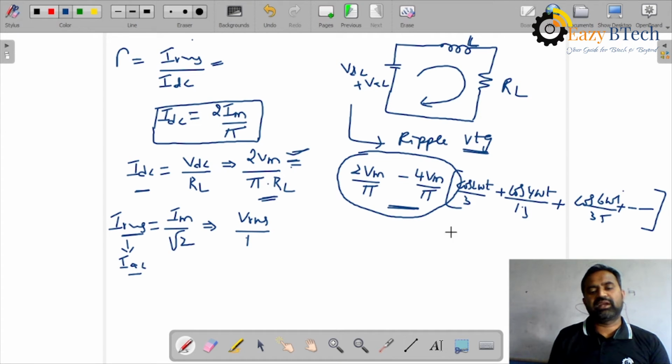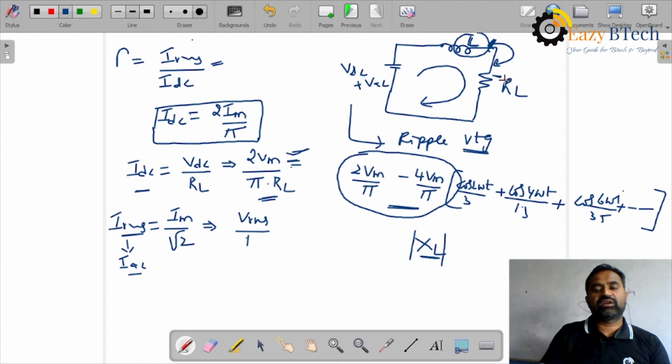And you remember in an inductor filter, during the AC portion, you have both the reactance of the inductor and the load. We may call this XL.